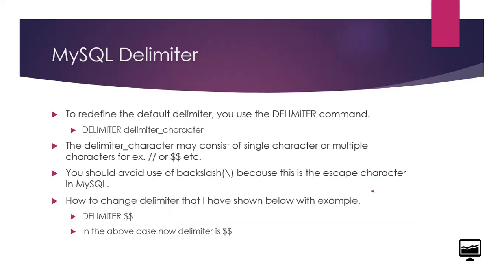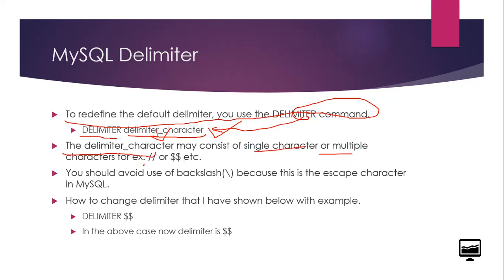So how can you change the delimiter? This is the statement to redefine the default delimiter. You have to write delimiter, then the delimiter character. The delimiter character may consist of a single character or multiple characters, just like double forward slash, double dollar, etc. But you should not use backslash because it is used as an escape sequence character in MySQL.